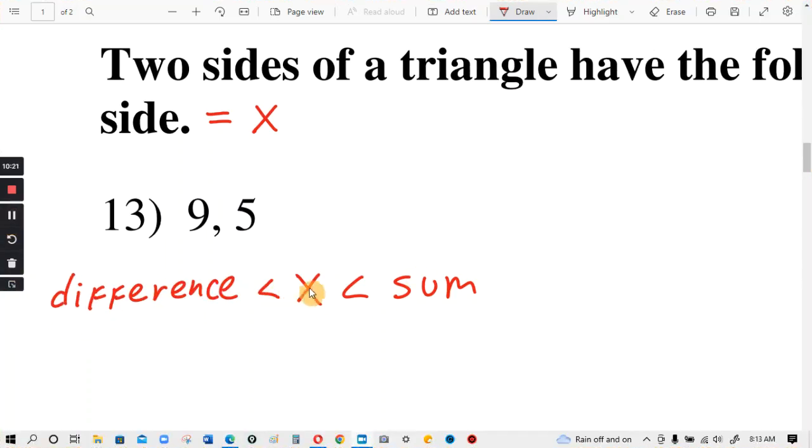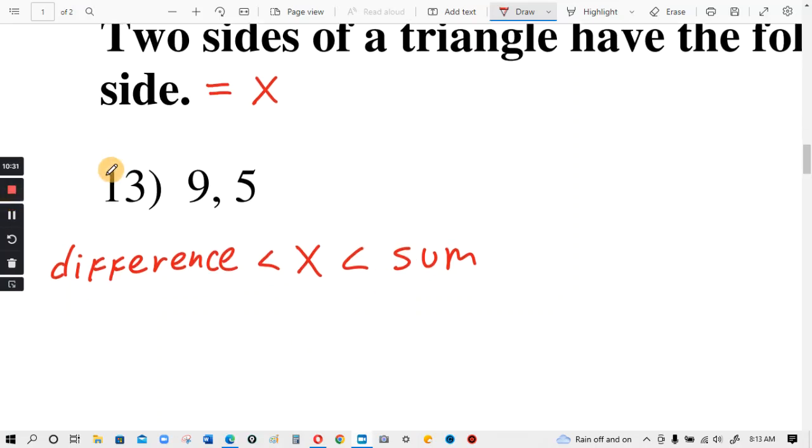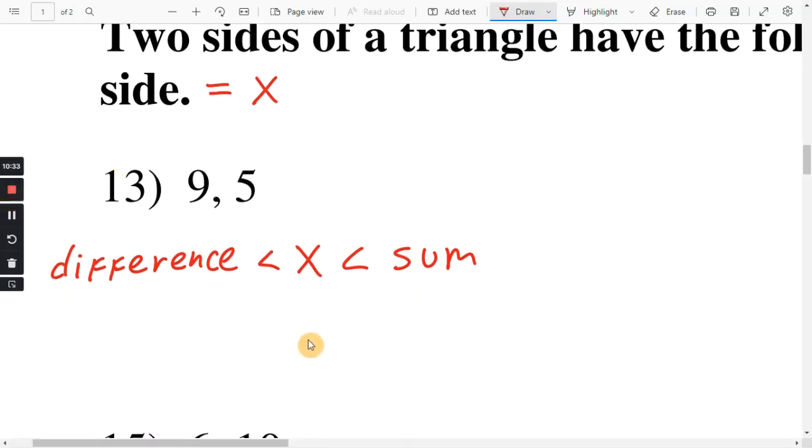All right, so x is going to be greater than the difference, but less than the sum. Basically, x is between the sum and the difference. All right, so we have x, and it's going to be less than the sum. The sum is just going to be 9 plus 5. And then for the difference, it's just going to be 9 minus 5.